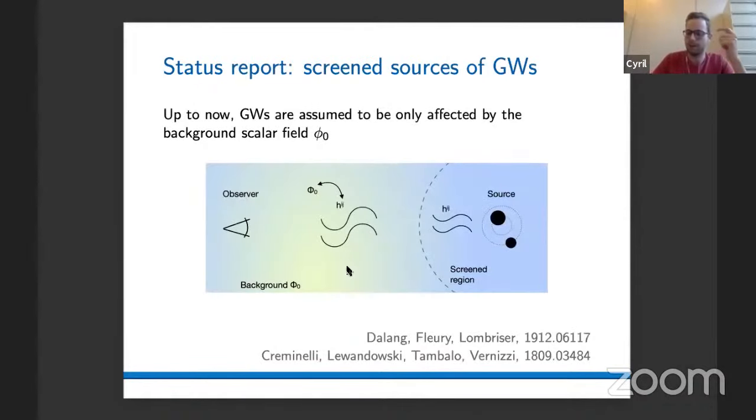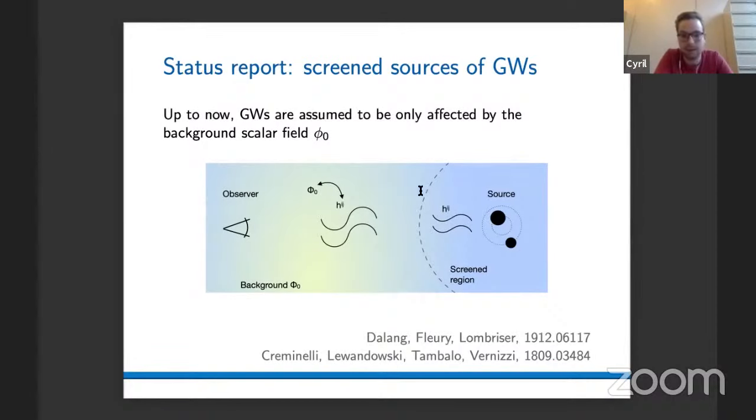All right, and what about the screening mechanism in the context of gravitational waves? Up to now, it was assumed, since black holes are usually in high density regions like galaxies, or are themselves very massive, that the source was not emitting any scalar wave, only a gravitational wave.